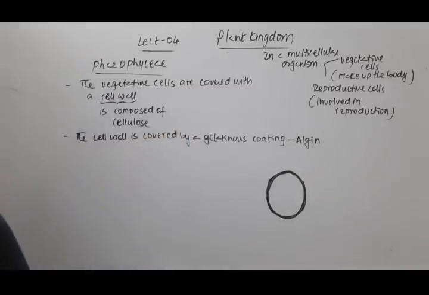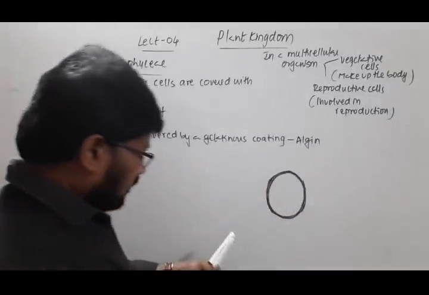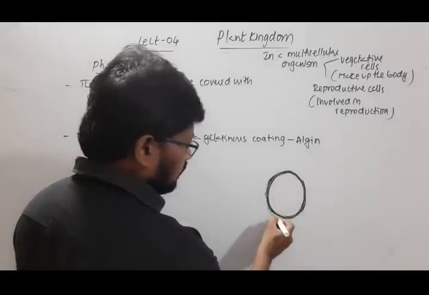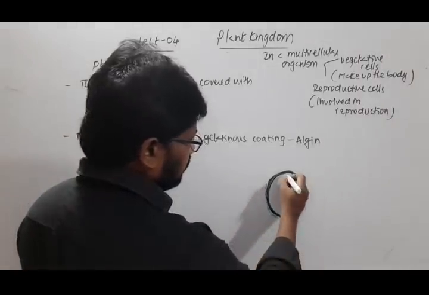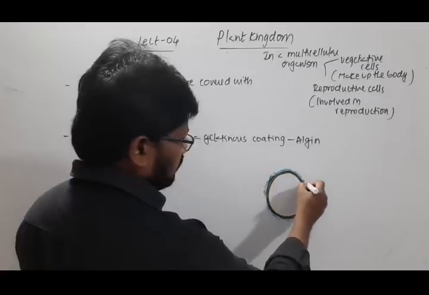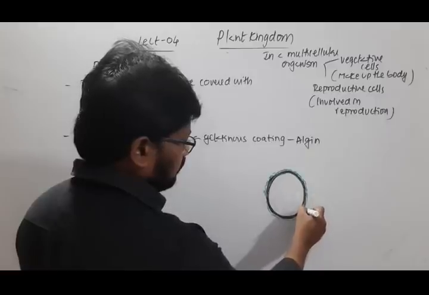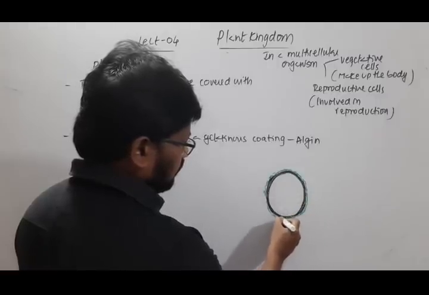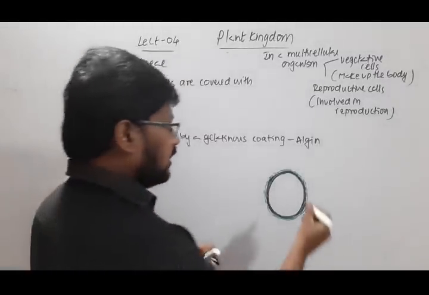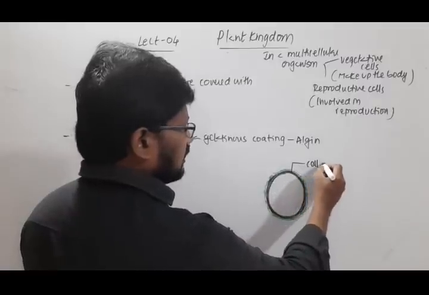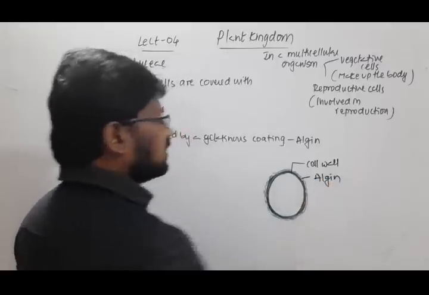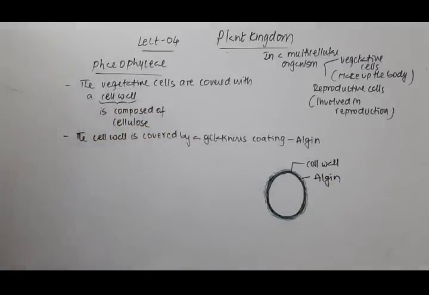That gelatinous coating is called algin. You can see the gelatinous coating over here. This is the cell wall, and this substance coating over the cell wall is called algin.